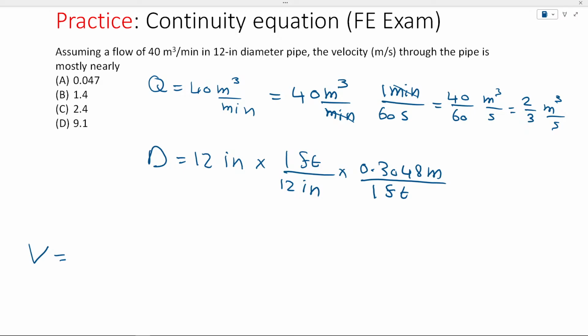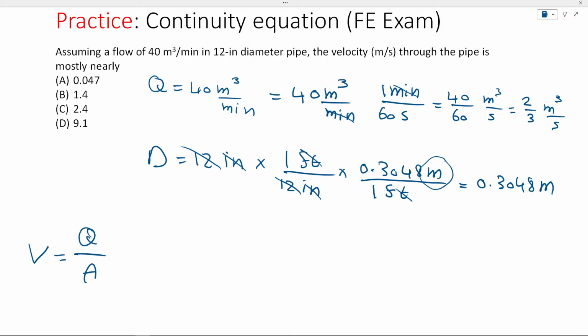So what will happen here? This will go away with this, and this with this, and I will end up with something in meter. So the diameter is equal to 0.3048 in meter.